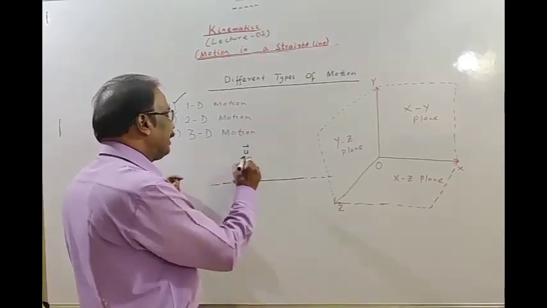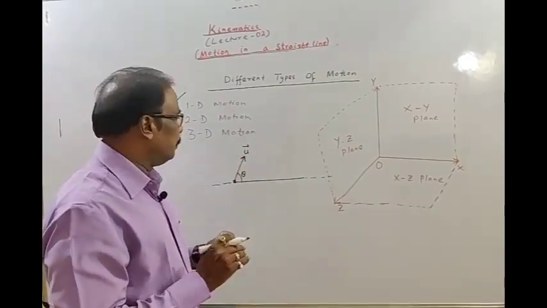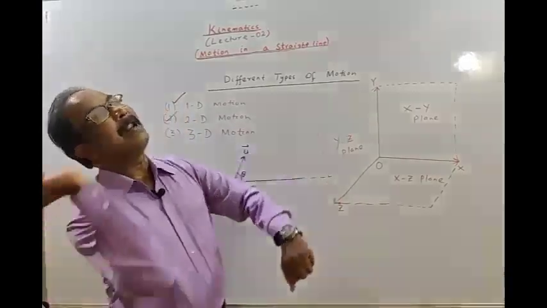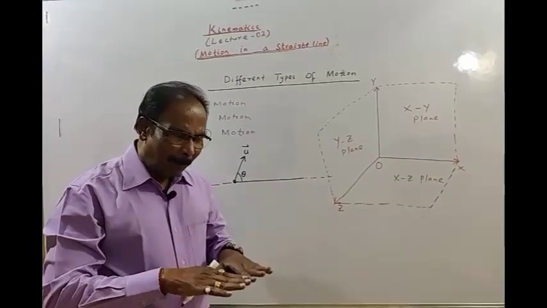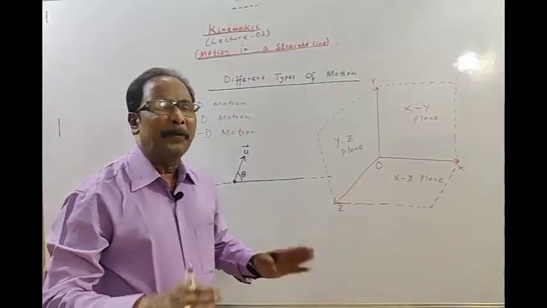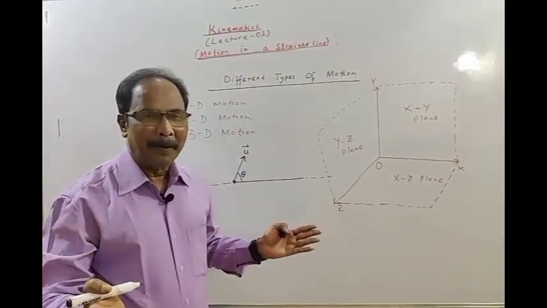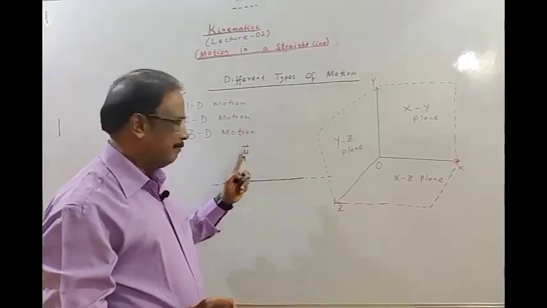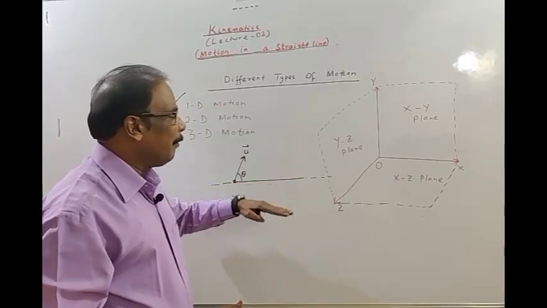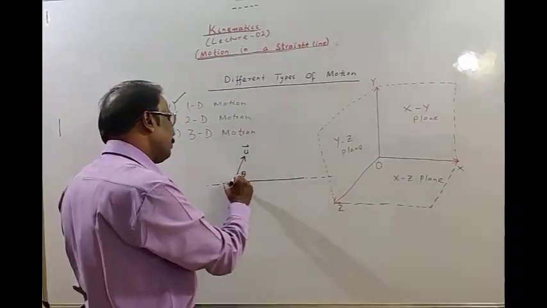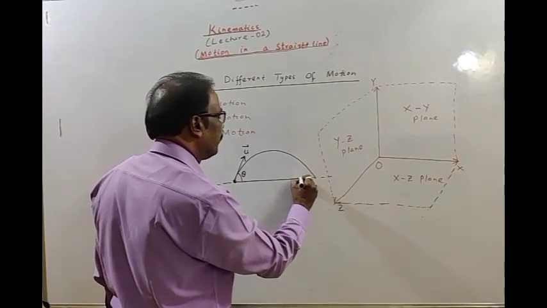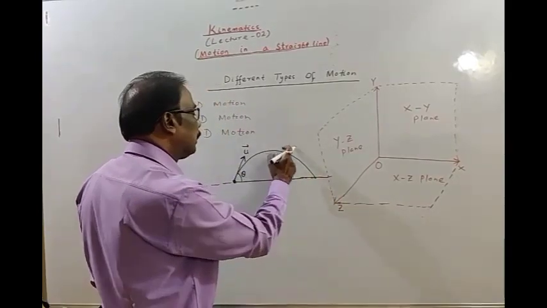Obviously you have seen it in your day-to-day life. If a body is thrown like this, or on an open field you kick a football making an angle theta with the ground or with the horizontal, you have seen that the ball or the body moves along a curved path.